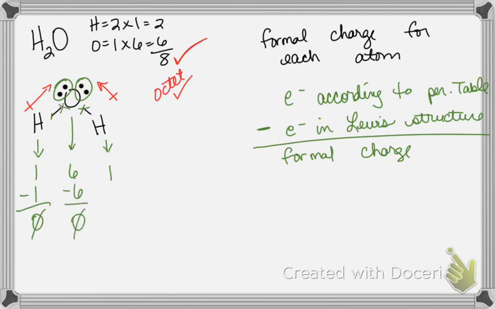So oxygen has a 0 formal charge. I'm going to erase those little things I put on there. Hydrogen has 1, so it has a 0 formal charge. So that's how you would calculate the formal charge for each atom in water. You can do it like I did it, where you show the calculation, but if they're all 0, you can actually write that the formal charges are all 0.